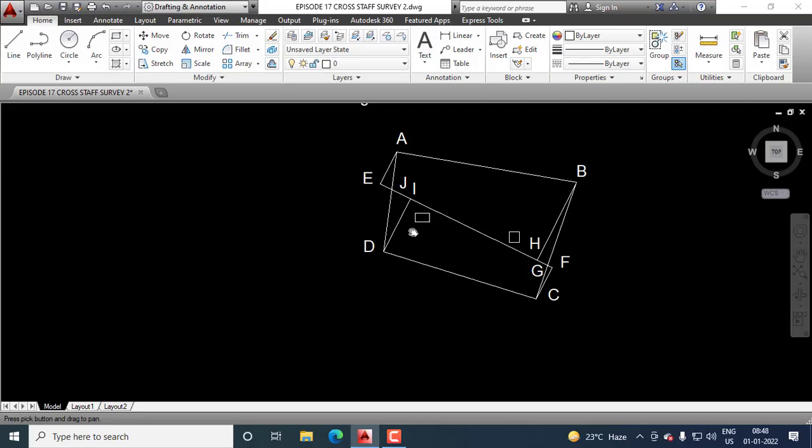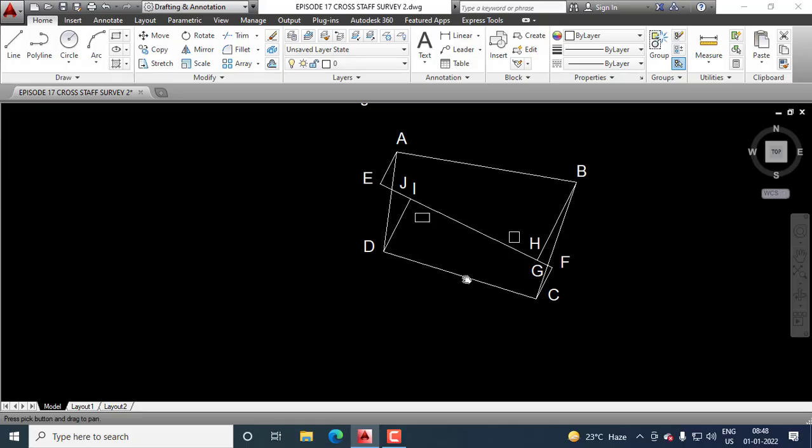If we measure the area of the trapezium IDCF, and if we add the area of the right angle triangle DIJ, and if we deduct the area of the right angle triangle CFG, the net area will be the area of the field below the baseline.